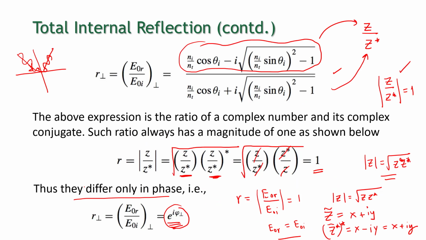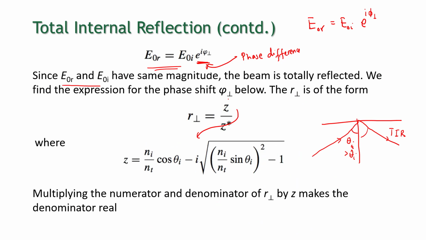So R perpendicular is of the form of the ratio of a complex number and its conjugate. So if we multiply the numerator and denominator by Z, it will make the denominator real.